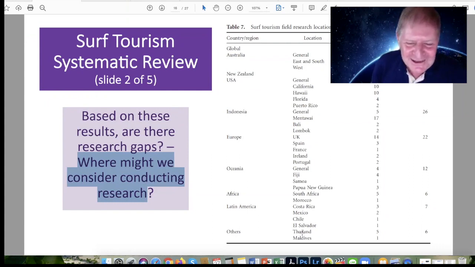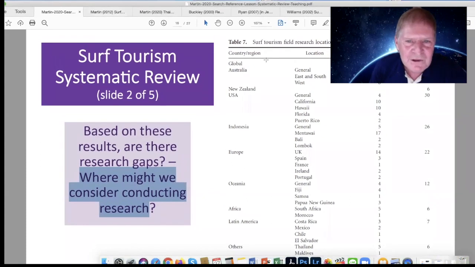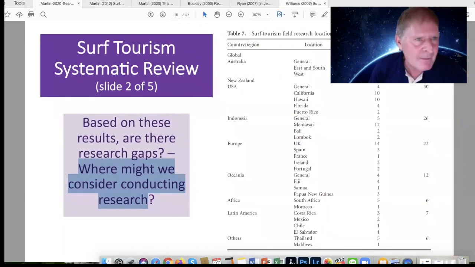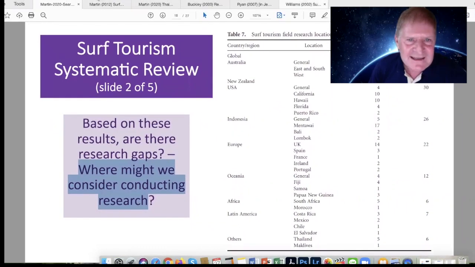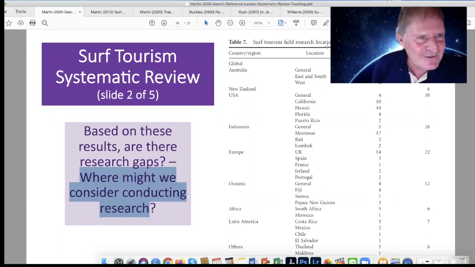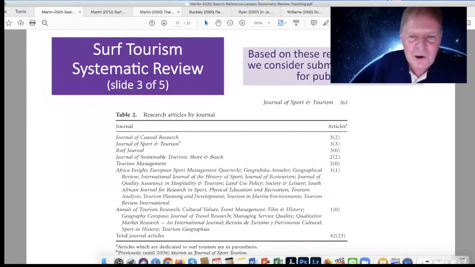But what we can do is we could just pick a country. I mean, we could look at Latin America and there's no Argentina here, right? So any study on surf tourism in Argentina will be the first, right? So this is what this has done here, if we look at the locations, we can quickly see research gaps just pop up, right? Research gaps. And in this case, just talking about location, we're not even talking about other research gaps. So we can see there's quite a few, right? So this is valuable as a researcher because we know where the gaps are.